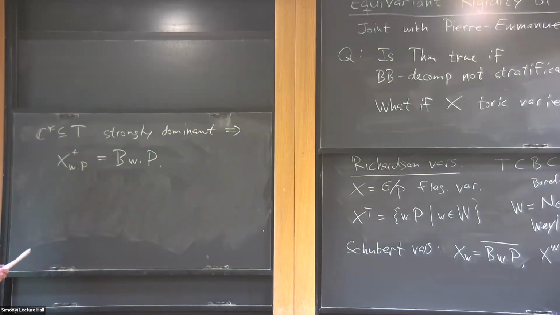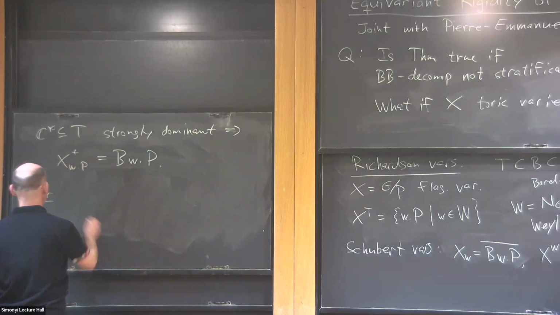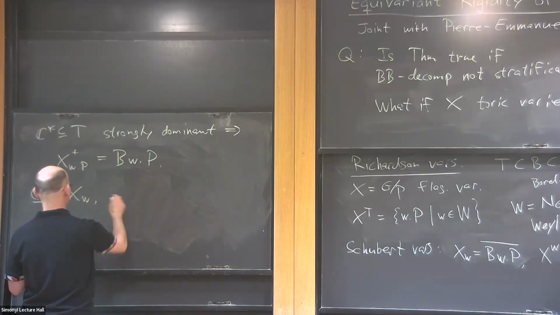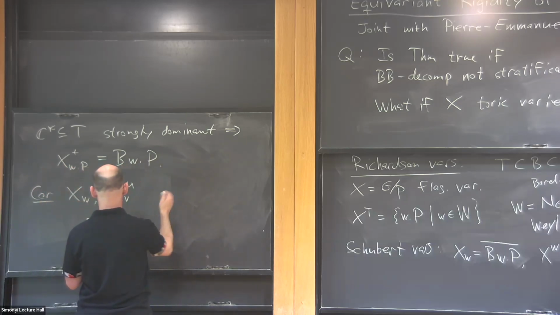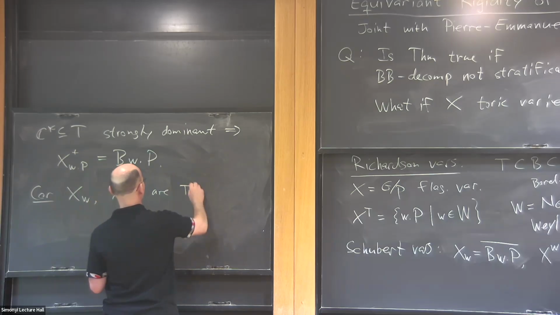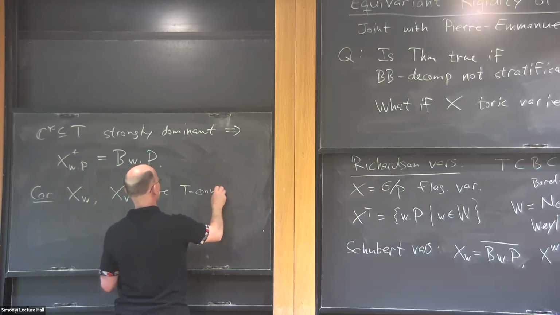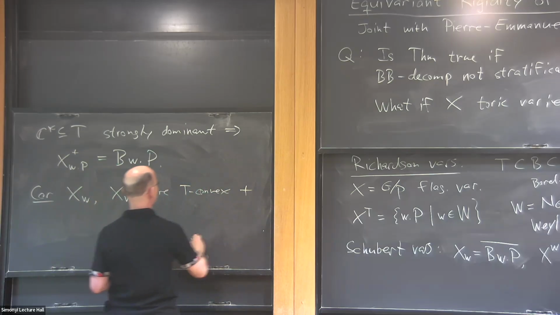So what we get from that is a corollary, namely any Schubert variety, of course also the B-stable Schubert varieties, any Richardson variety, these are T convex and T rigid.